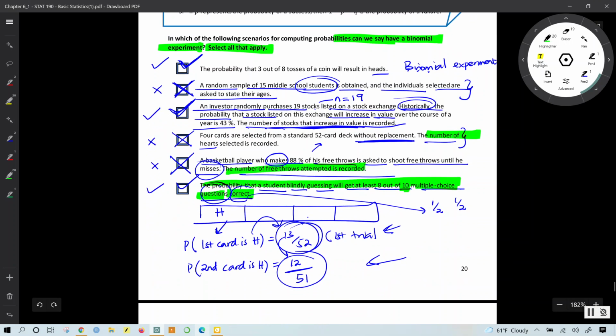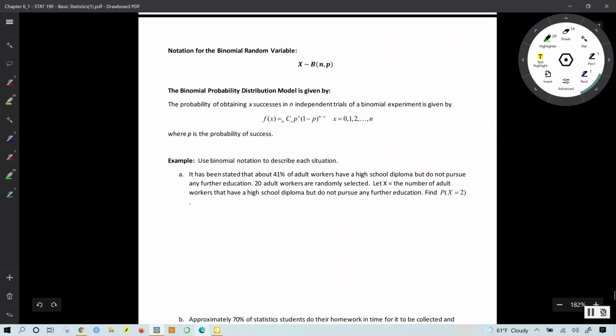Once we identify a binomial experiment, we can then develop a binomial probability distribution model where, take note, n is the fixed number of trials for a binomial experiment, and p is the probability of success in one independent trial.